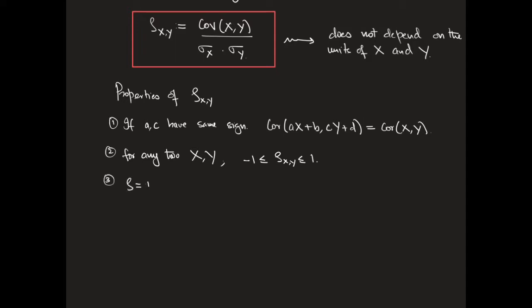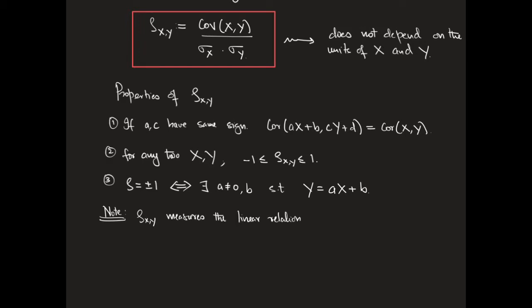Furthermore, the correlation coefficient will take values plus or minus 1 if and only if there exists a constant a not equal to 0 and a constant b such that y is equal to ax plus b. That is, x and y have a perfectly linear relationship. In general, the correlation coefficient measures the extent of linear relationship between x and y.